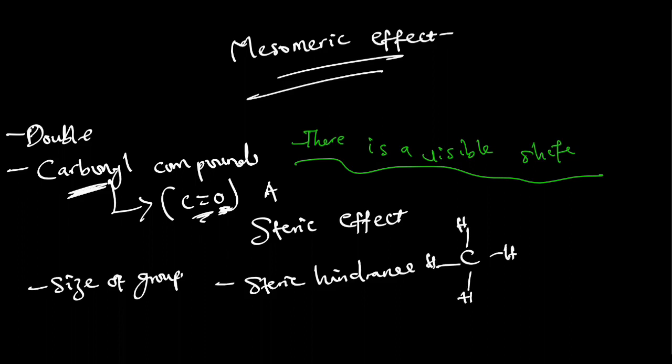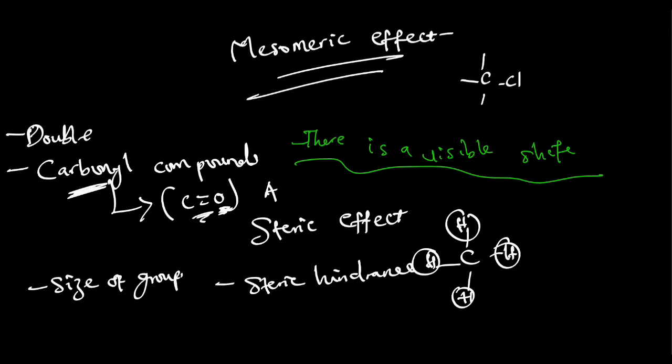Like methane, something like this. Steric hindrance cannot have effects here, because these are not bulky groups. Now let me tell you what a bulky group looks like.